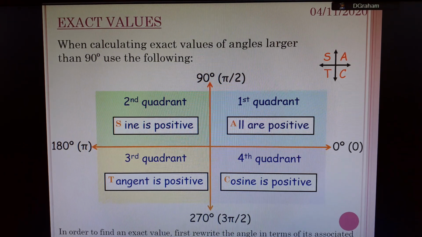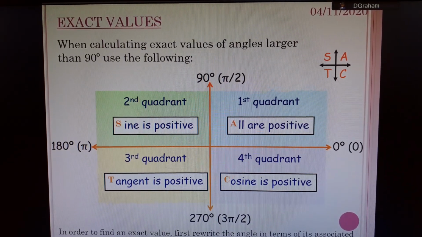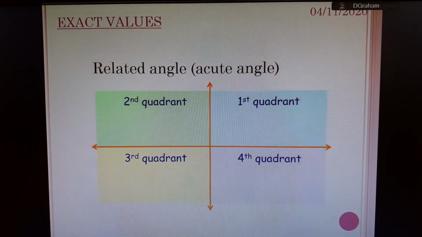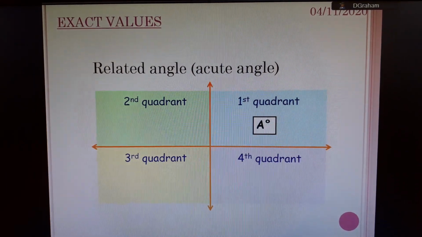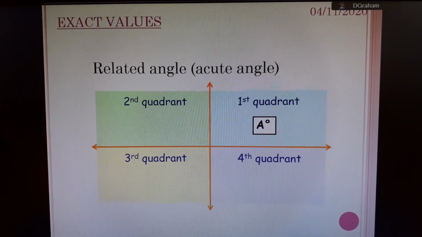So in order to find an exact value, first rewrite the angle in terms of its associated acute angle, i.e. the angle from the line to the horizontal axis. And remember how you can find its associated acute angle. If that's the angle there, A, which is in the first quadrant, that's the angle that you get when you put things into the calculator.